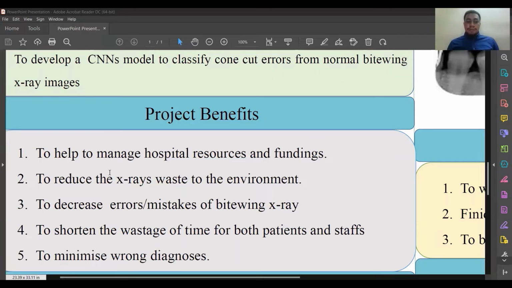Let's say the patient does an X-ray session, and after that, the doctor calls him to come and redo it again because the pictures weren't really clear. But for this project, we will help them to gain time. And to finalize, we can minimize the wrong diagnosis, as I mentioned before.